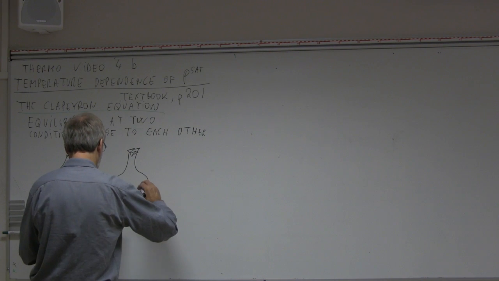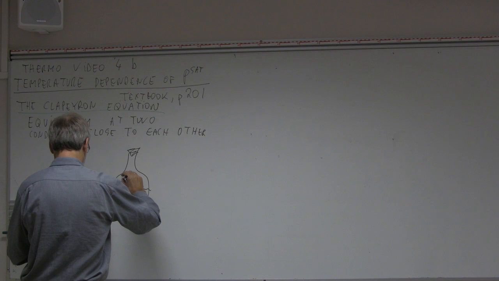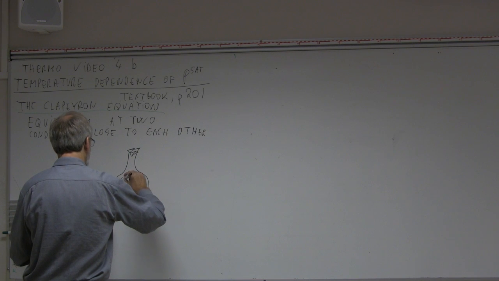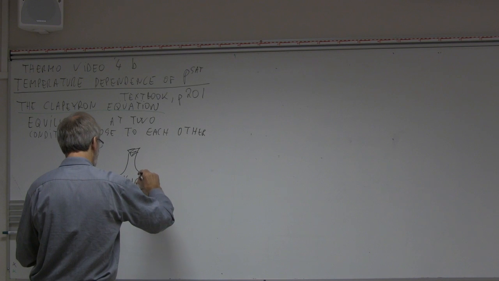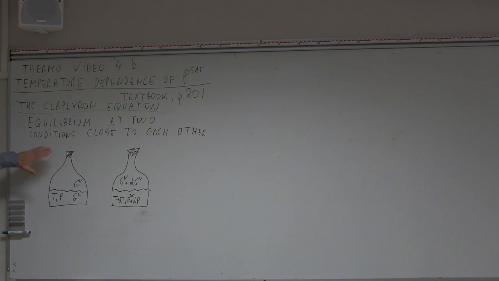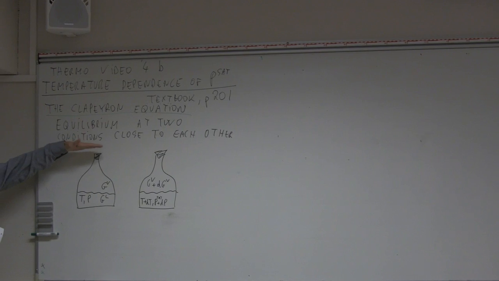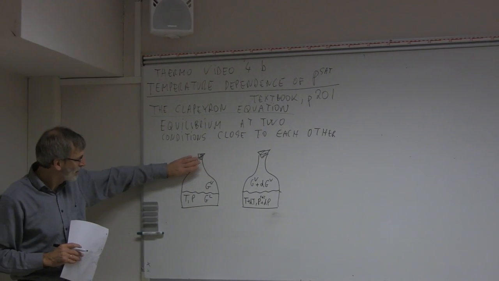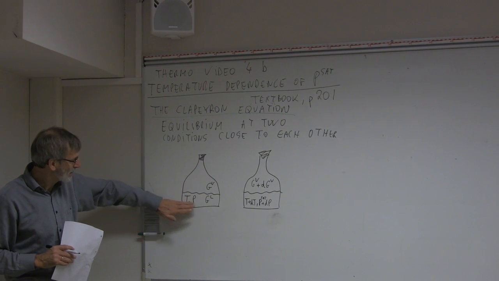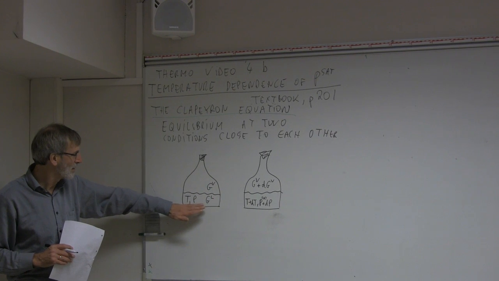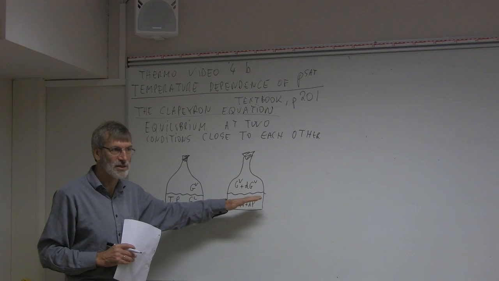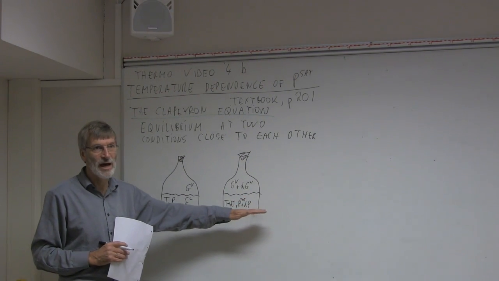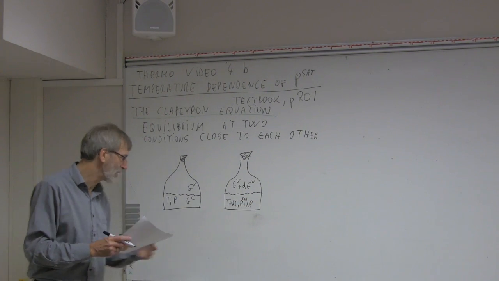We have a GV plus dGV. So we have one bottle at this T and P condition, and another flask with a slightly higher temperature and a slightly higher pressure.